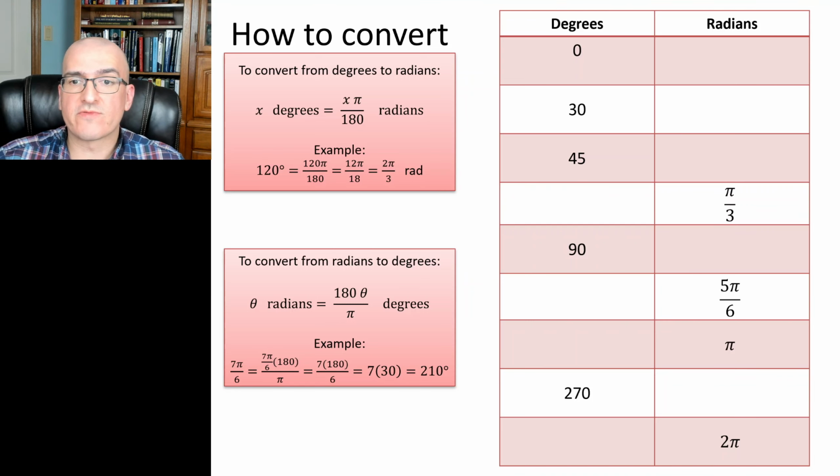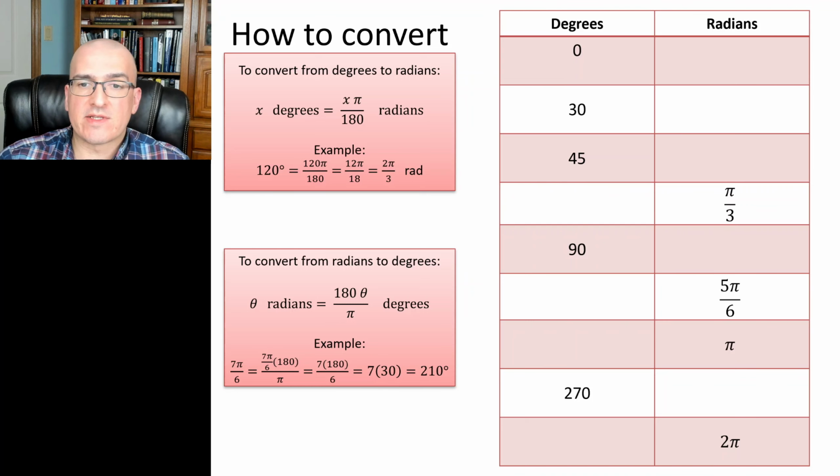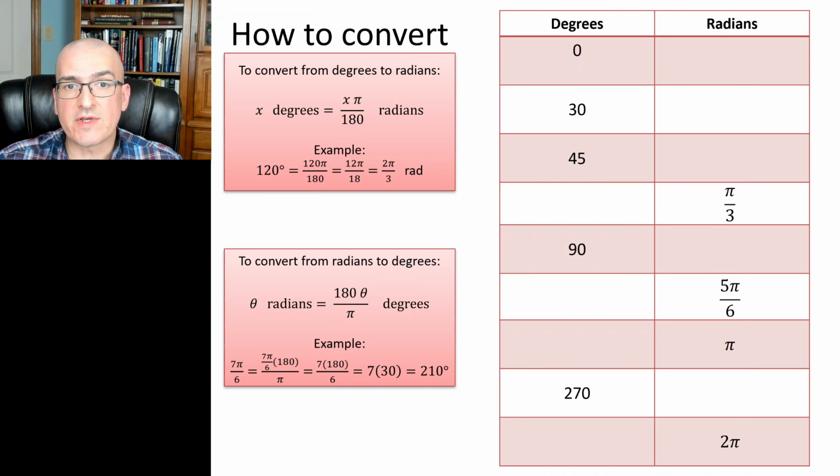To go backwards, if you get a measurement in radians and you want to convert it into degrees because it's more familiar, you would take your radian measure, multiply by 180, and divide by pi. So it's the opposite operation, replacing multiplication by division.